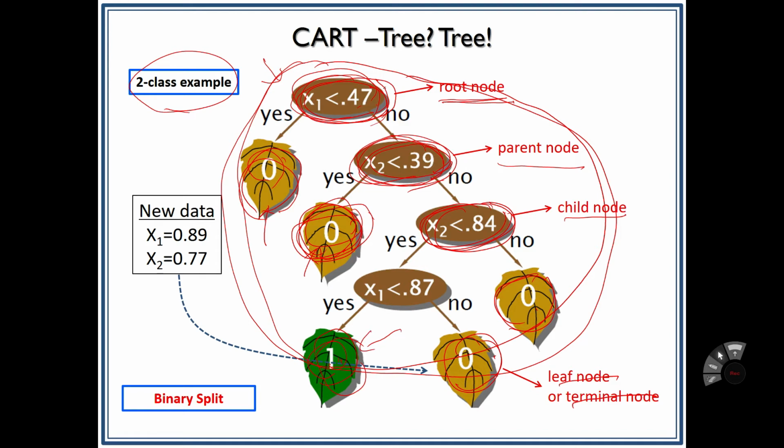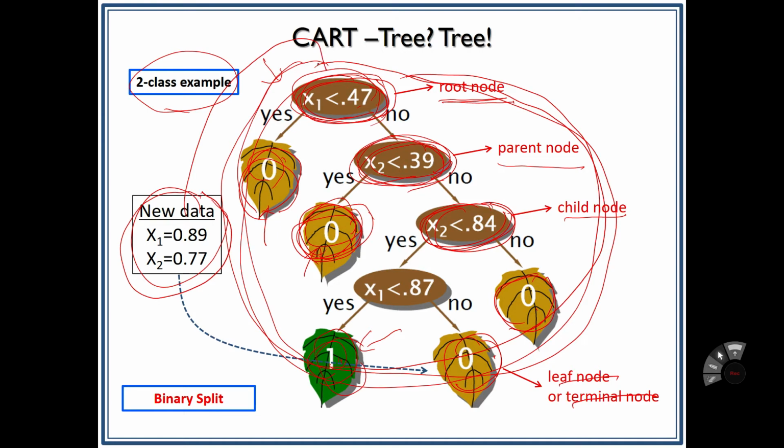Once we have this trained tree, we can use it to classify a new object. For example, if we have a new observation whose x1 value is 0.89 and x2 value is 0.77, then you just forward this new observation to the root node and then follow the rules.